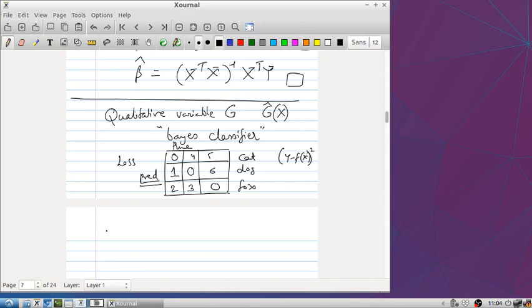So there's going to be an EPE for any prediction function. I think in the notes I've used some not so nice notation.